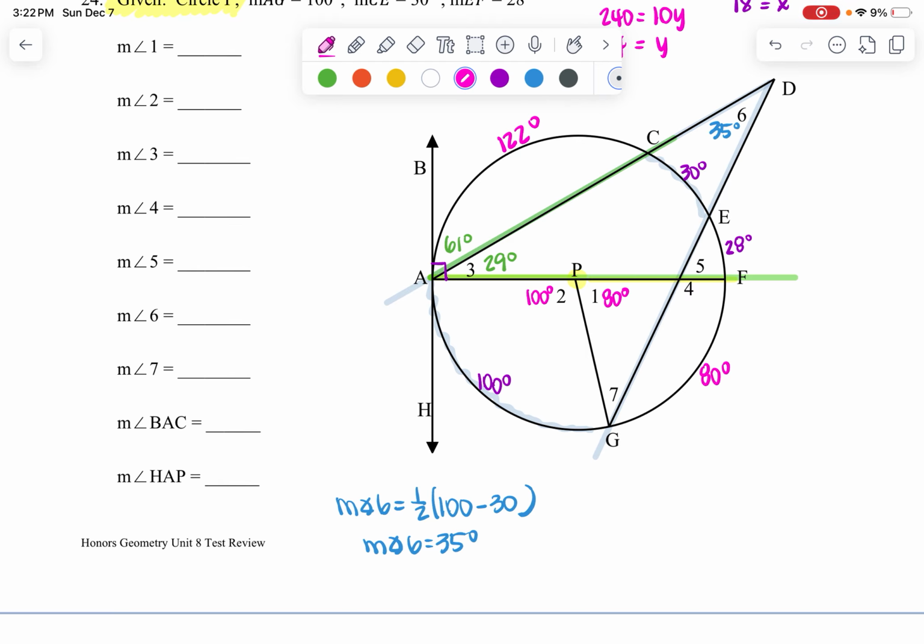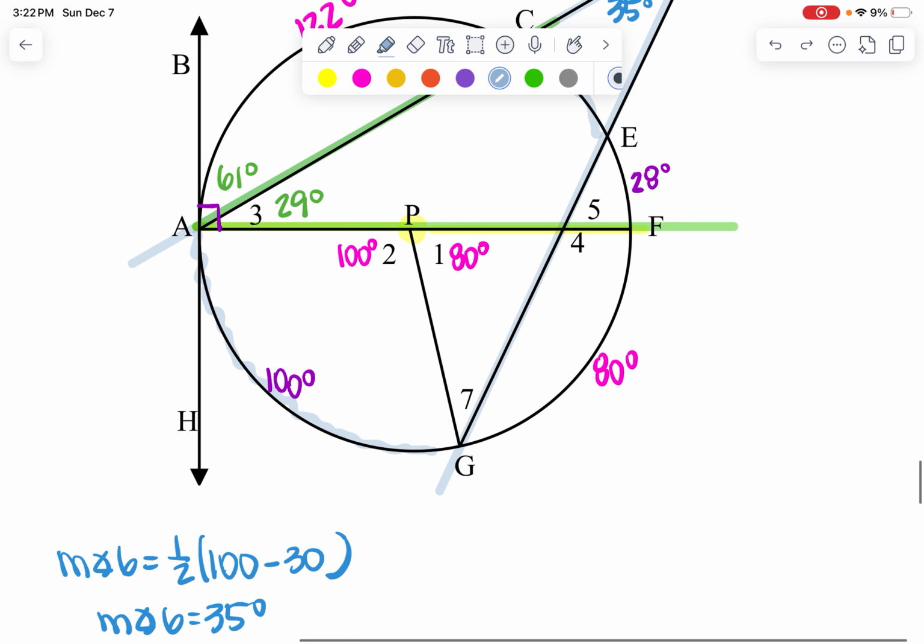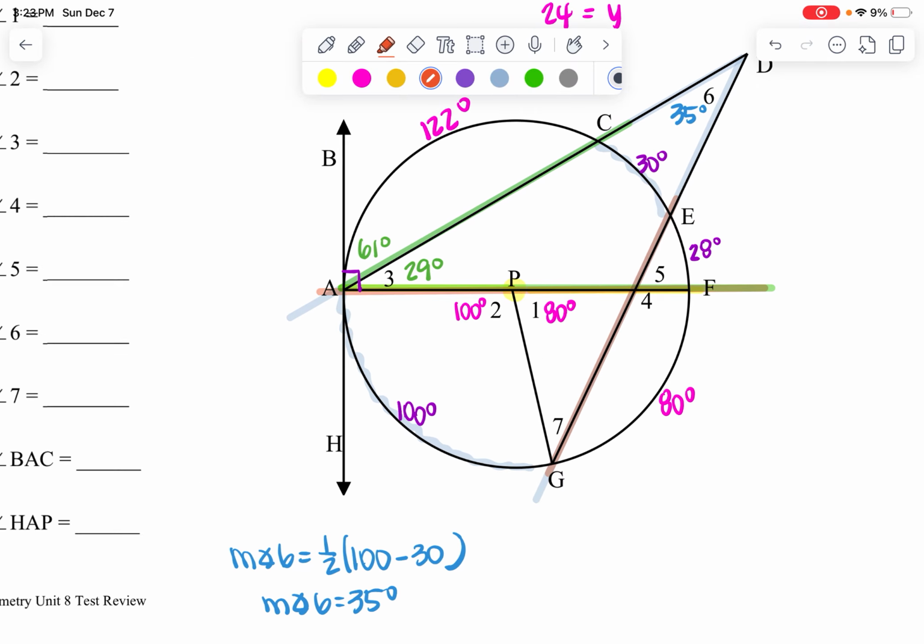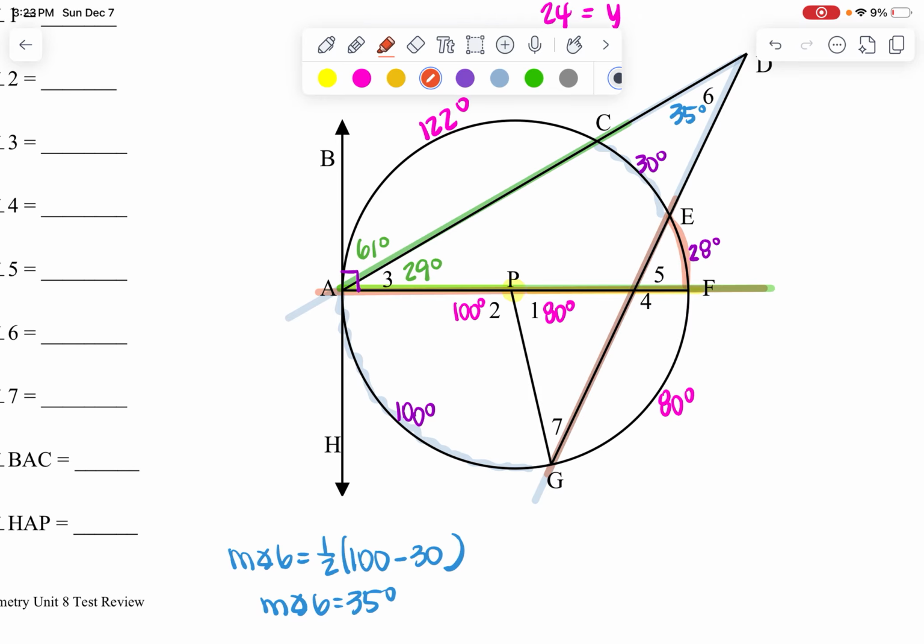All right, the next thing I notice is I'm going to pick up on angles 4 and 5. Now, clearly 4 and 5 are supplementary, so I just need to find one of them. And you can find either one of them right now, right? Because, let me go grab a highlighter. I'm going to do angle 5. I know it's an inside angle, right? It's an interior angle, not at the center. So I know it is half the sum of its two intercepted arcs, which are going to be the 28 and the 100.